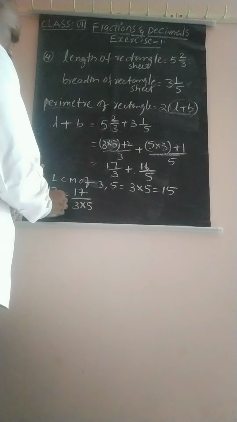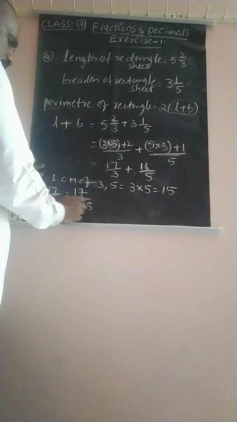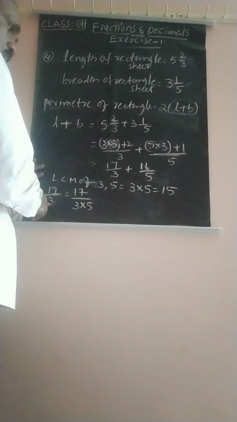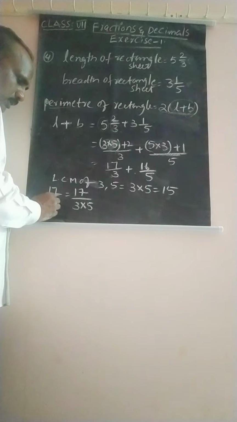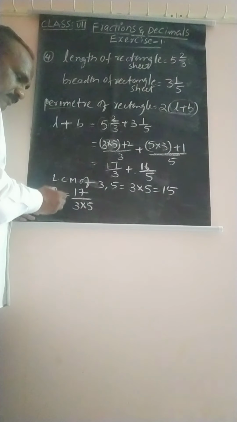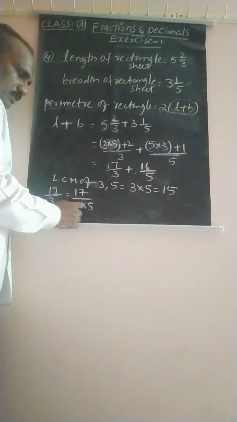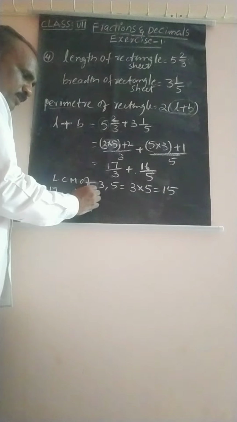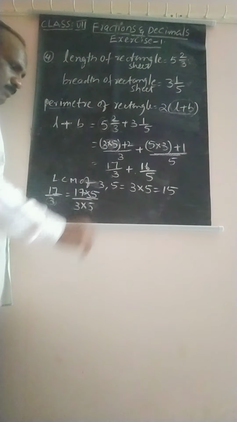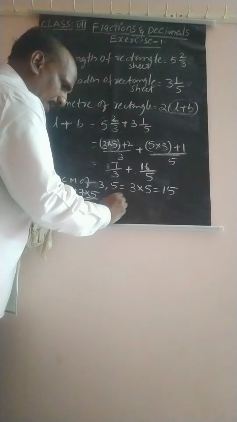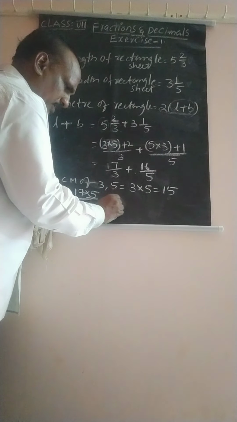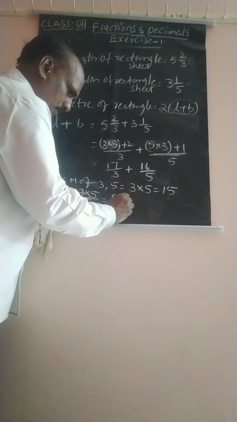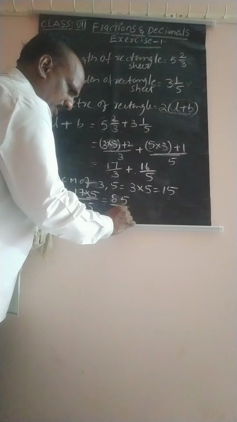Why? Because the denominator 3 should be changed to 15. What number multiplied with 3 gives 15? 5. The same applies to 17, which is also multiplied by 5: 17 times 5 is 85, so 85 by 15.